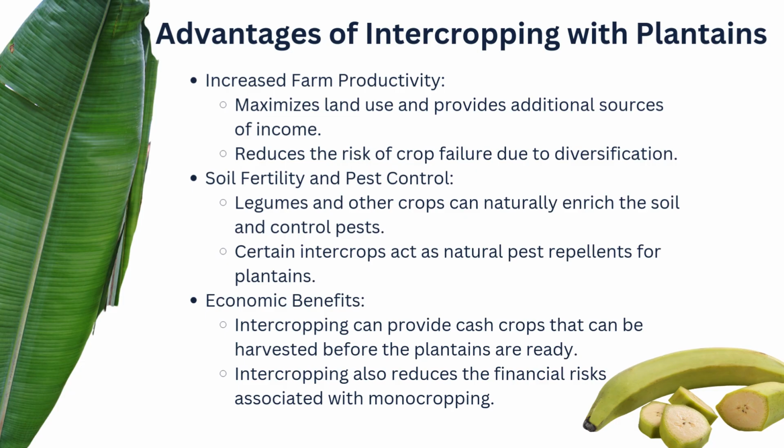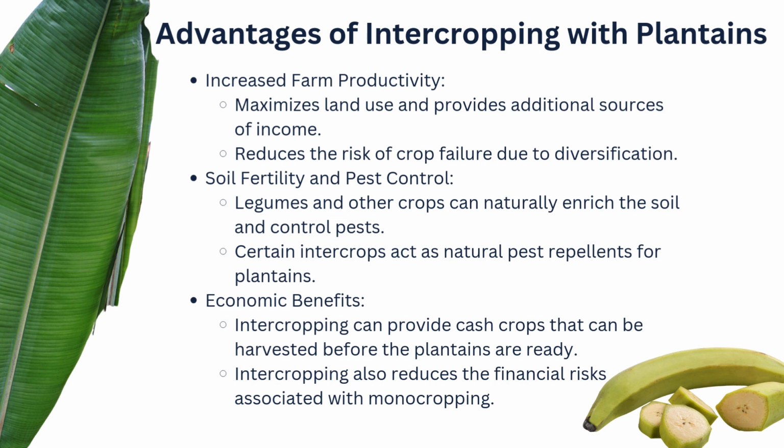Again, because you're continually planting there, you increase the soil fertility and you help control pests, because some pests will not be able to thrive where those kinds of vegetables are. Most times these vegetables and other crops you intercrop with are repellent to those pests. So because they are there, the pests will not be able to thrive.